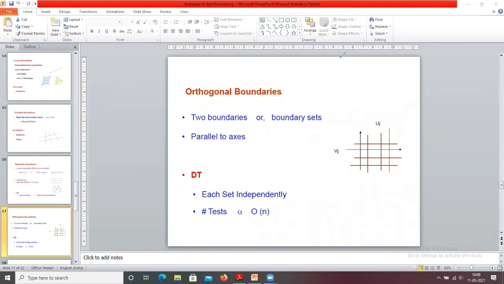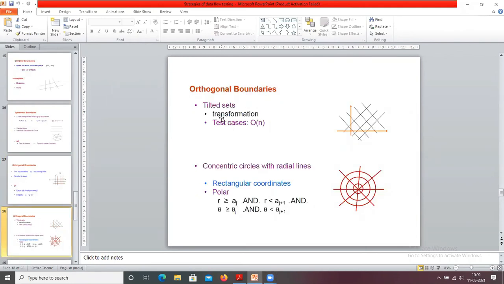So next, in these orthogonal boundaries, tilde sets. If you observe the transformations, these are the tilde sets. In the previous one they were perpendicular. Here, the test cases are big O of n, with concentric circles and radial lines.